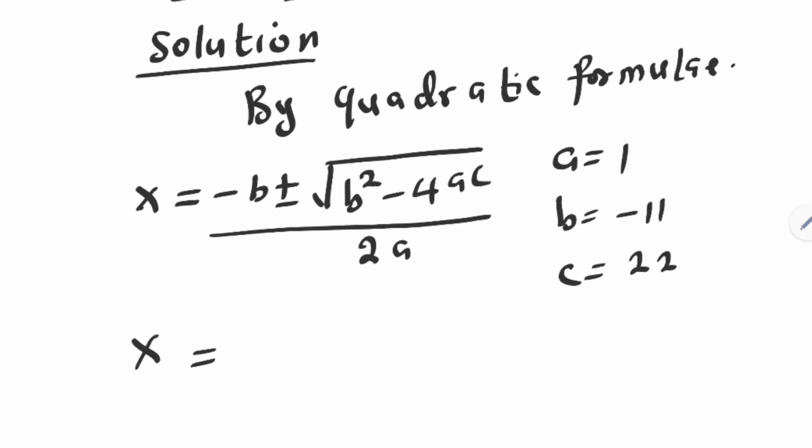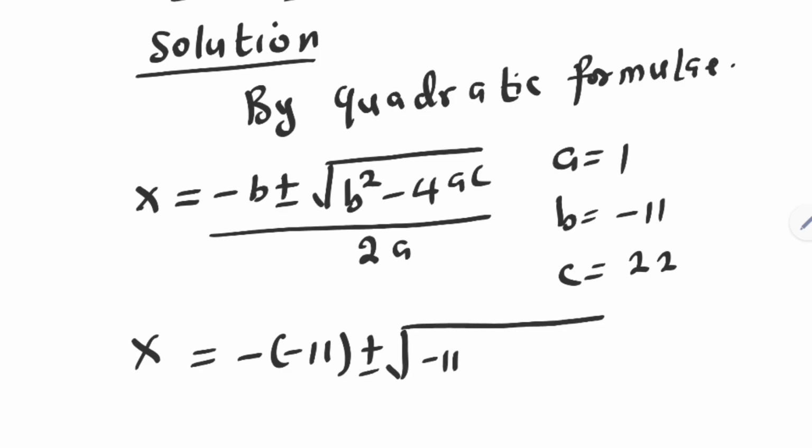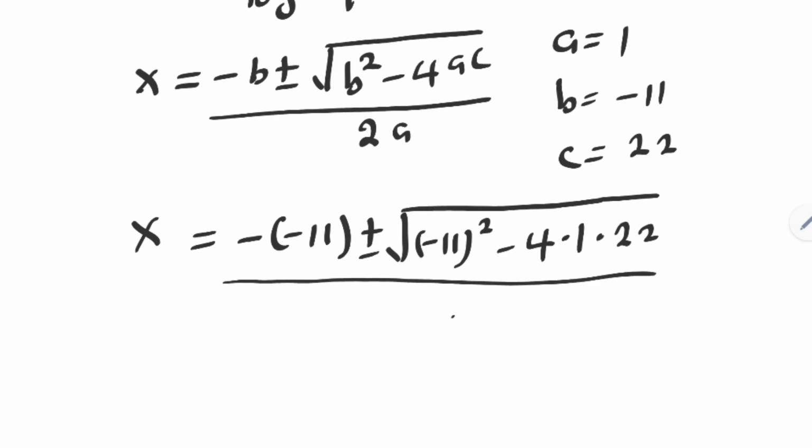S is equal to minus bracket minus 11 plus or minus square root of minus 11 squared minus 4 multiplied by 1 multiplied by 22, divided by 2 multiplied by 1.